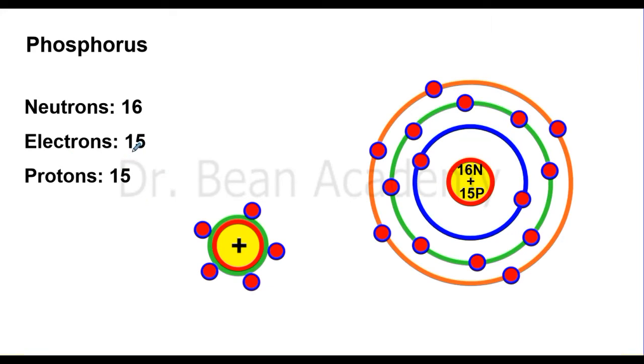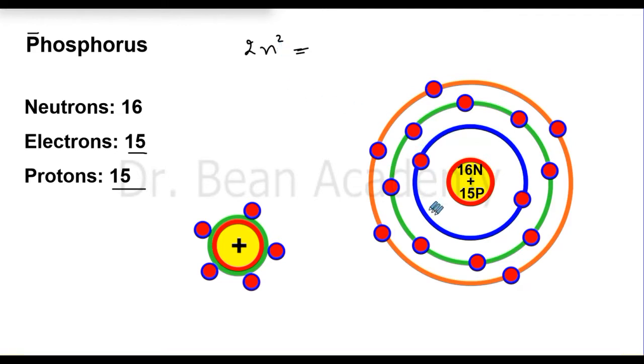Phosphorus has 15 electrons and 15 protons. If you see the distribution of the electrons around the shells, 2 electrons are in the first shell, then 8 electrons in the second shell, because we have a rule which says that the distribution of electrons around the shells follows a rule like this, where n is the shell number.